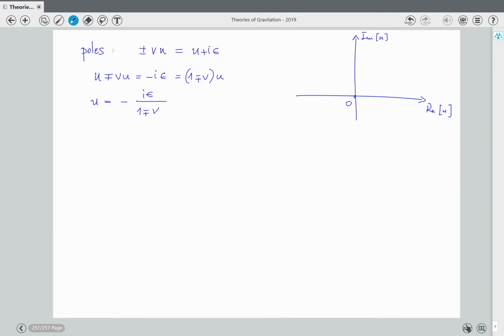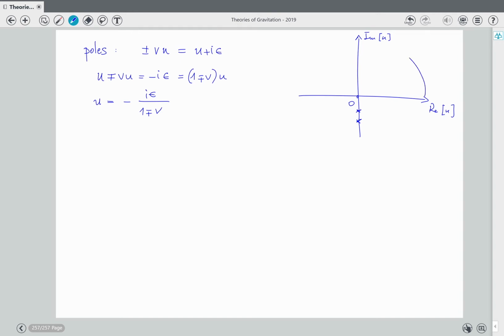The important thing is that epsilon is positive, and 1 minus v or 1 plus v is positive because the velocity cannot exceed the velocity of light. And so these two poles have negative imaginary parts. So we are in business if we can close the contour on the upper half plane.